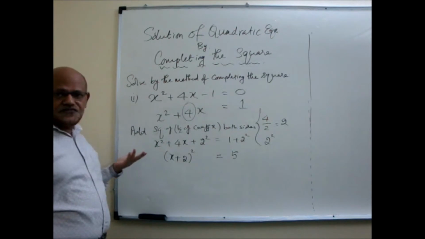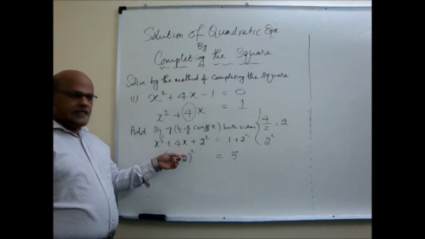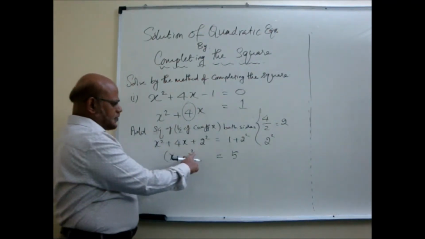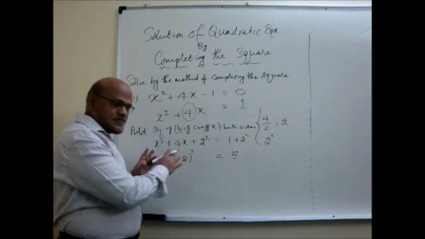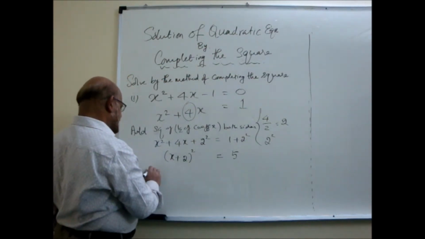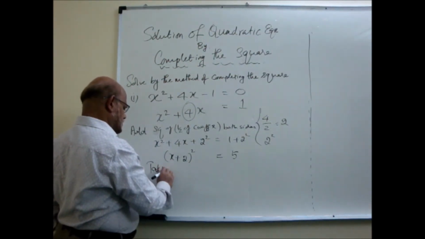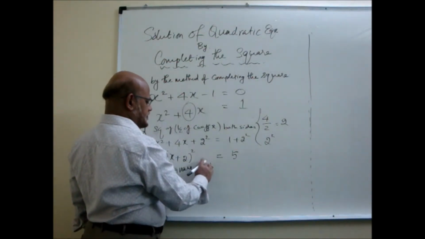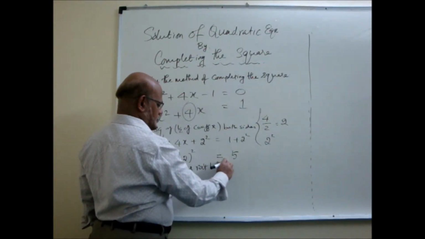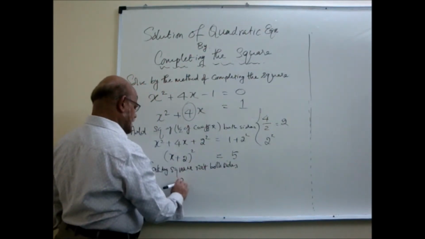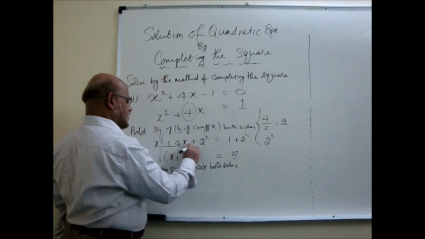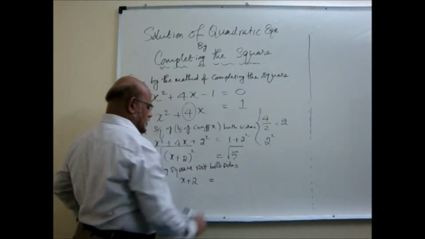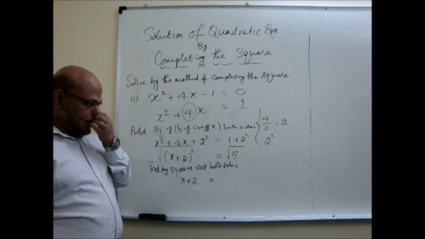Now I need x. So I have to remove the power and go ahead. To remove the power, you take the square root on both sides. So this becomes x plus 2. One thing: for the square root of 5, you should not take just the square root.